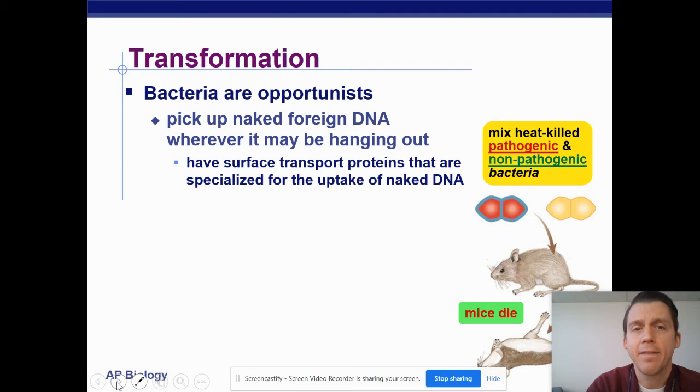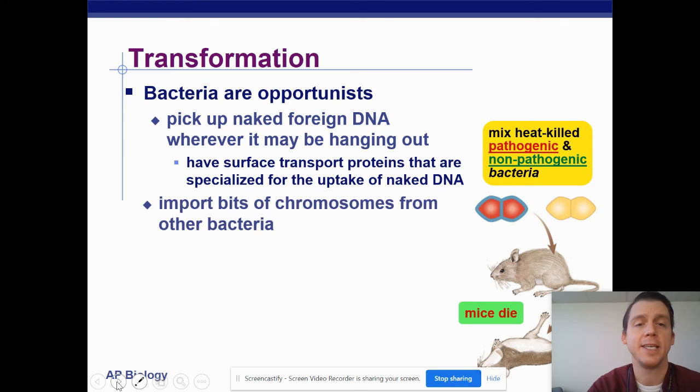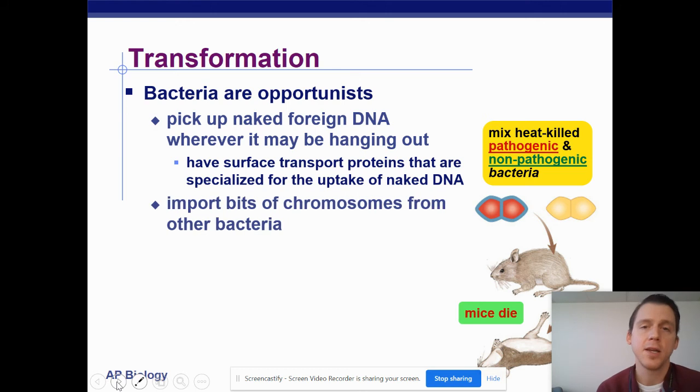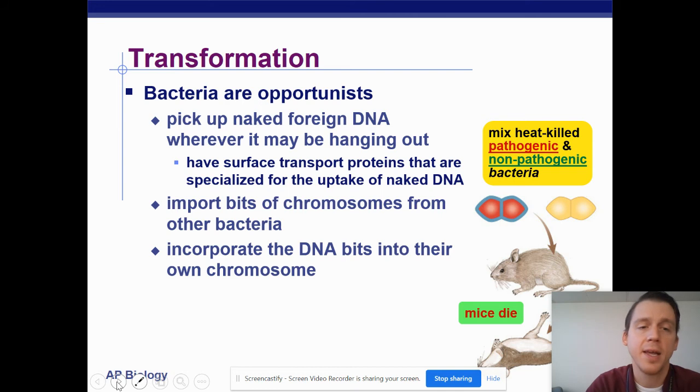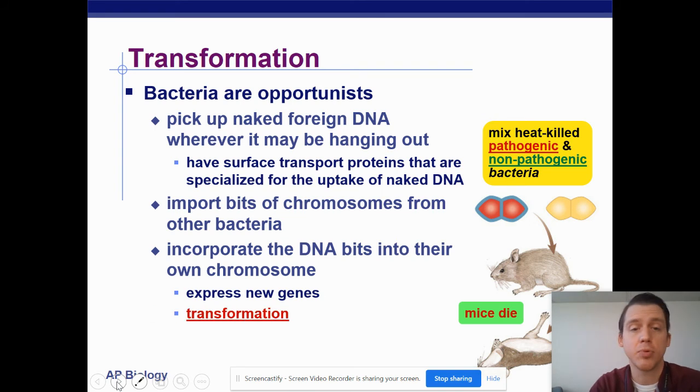Bacteria even have surface transport proteins specialized for taking up that DNA. So basically, the bacteria is importing bits of DNA from other bacteria into itself. It's going to incorporate it into its own chromosome, into its own genome, and then express any new genes it gets through that process. Again, that's transformation. And this is important because it represents recombination.